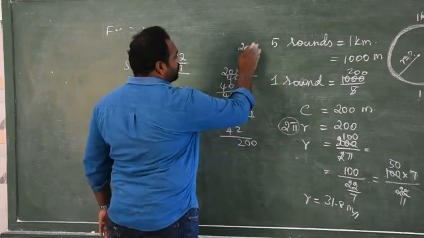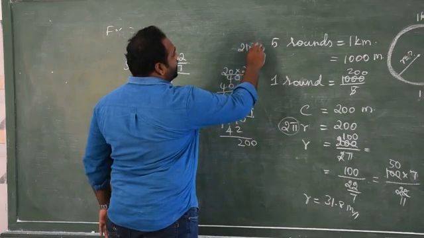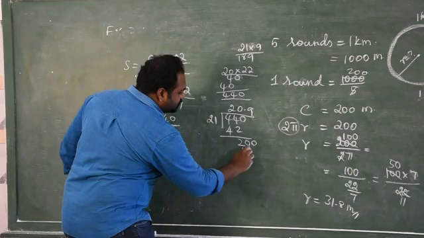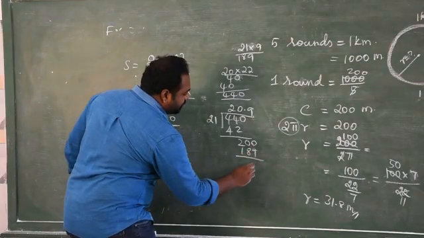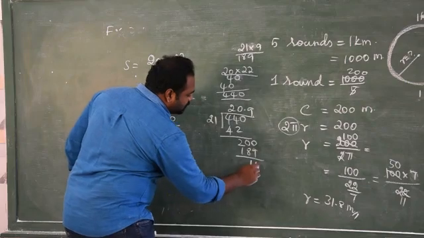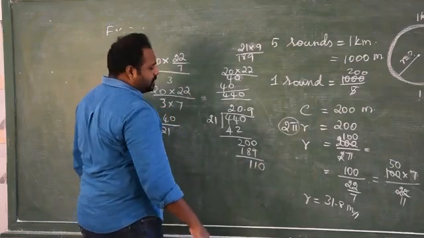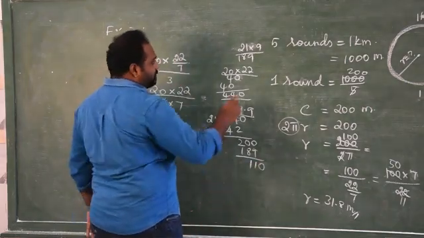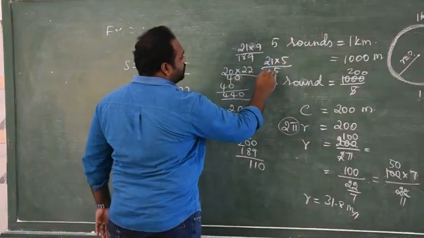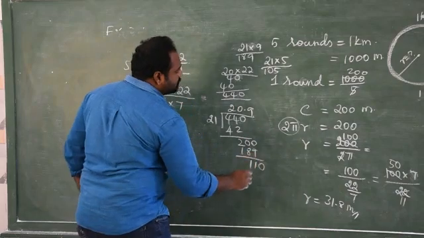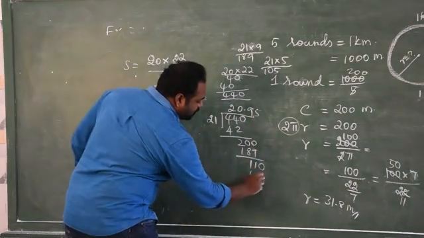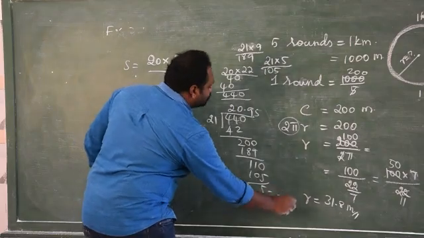21 into 9, 189. So it is 180, 9 remaining, 1. Again put 0. How many times can we take? 5 times, 21 into 5, 105. Maybe it will go like this.